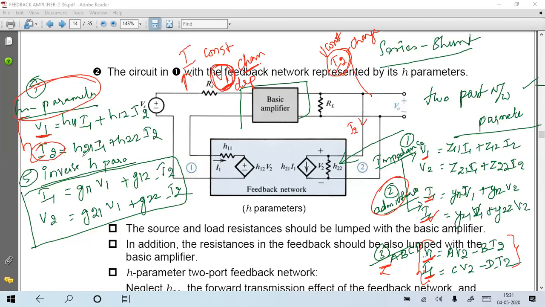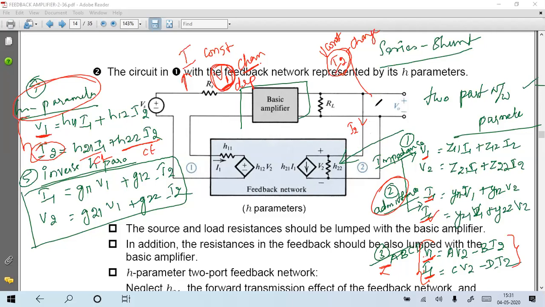I2 is nothing but H21 I1 plus H22 V2. The sum of these two must be the current. H21 I1 must be a current. Only then, when you add two currents, will I get the corresponding equivalent current. So what is divided? Current is divided here and coming here.